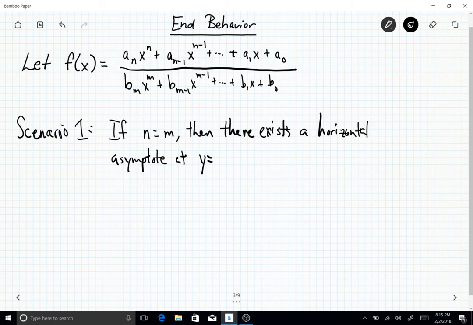If n equals m, that means this value and that value are the same. x is your variable, so a sub n and b sub m are your coefficients. What you'll have is a horizontal asymptote at y equals a sub n over b sub m. In other words, as x goes to infinity, or negative infinity, y approaches a sub n over b sub m.